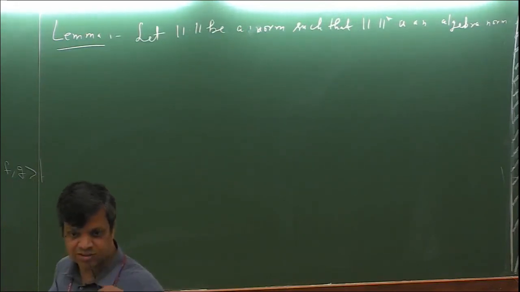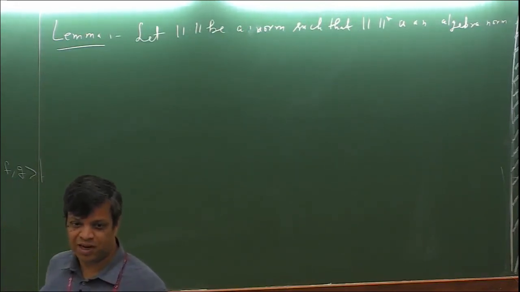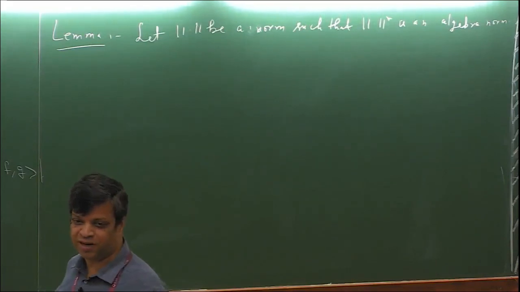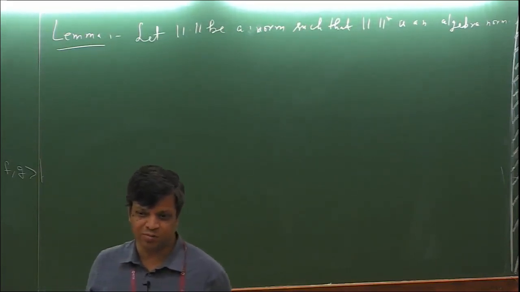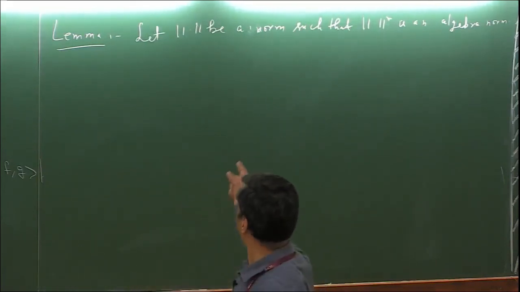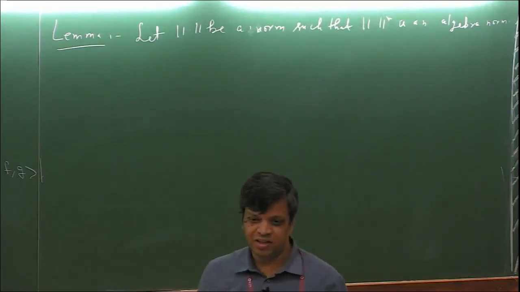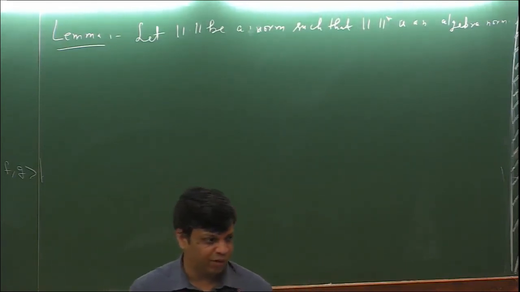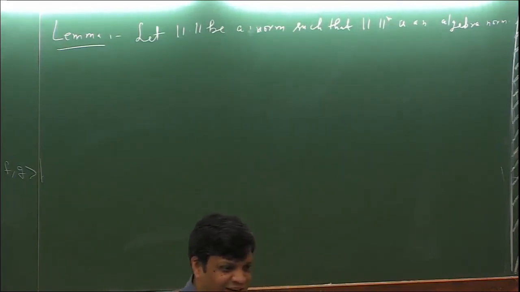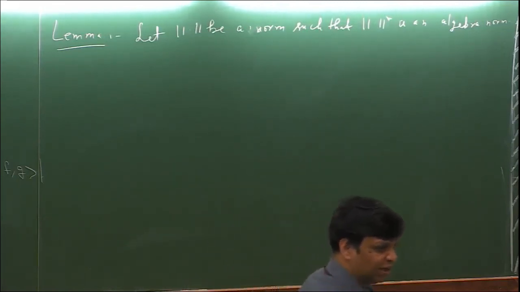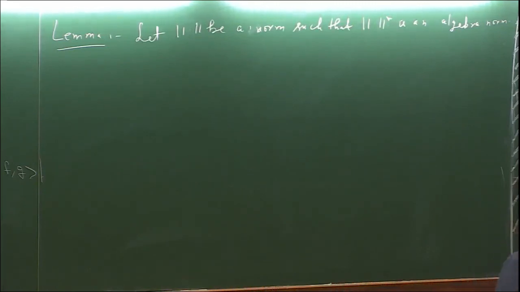If the dual of an algebra norm were an algebra norm, then I need not write 'let star be a norm such that its dual is an algebra norm', because I can just write that this is an algebra norm. But one should be able to construct an example such that the dual of an algebra norm need not be an algebra norm.